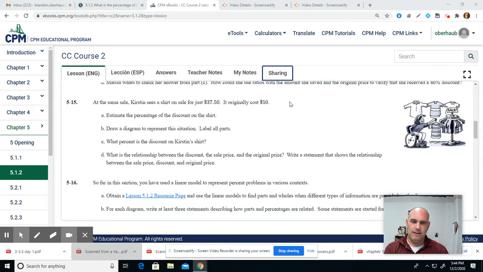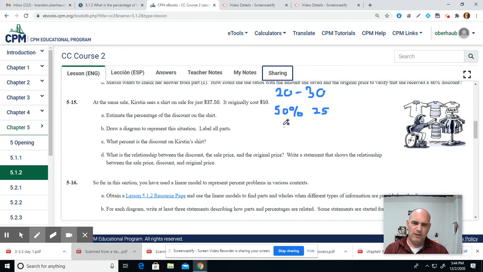So let's see. I don't know. I'm going to say it's probably somewhere between 20 to 30% off, if I had to take a guess. And here would be my reasoning. If it was 50% off, then it would cost $25.